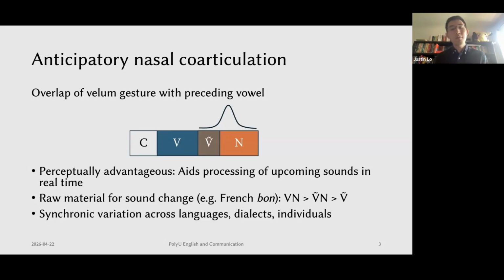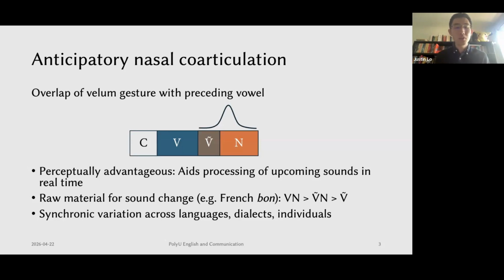For example, in French and also in other languages like Portuguese, there are nasal vowels, as in "bon", where the vowel itself is phonologically nasal, in contrast to oral vowels like "beau". So there's the "o" versus "on" contrast there, and the development of the nasal vowel historically comes from sequences of sounds that are a vowel followed by a nasal. The vowel becomes nasalized, and at some point we lose the nasal consonant.